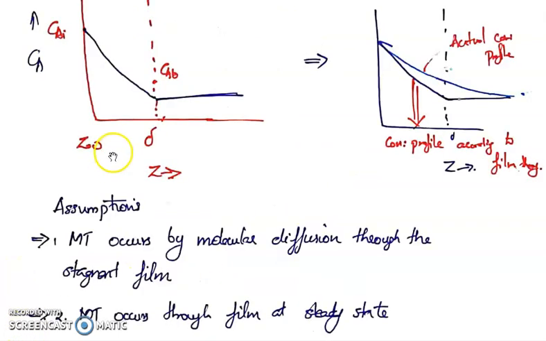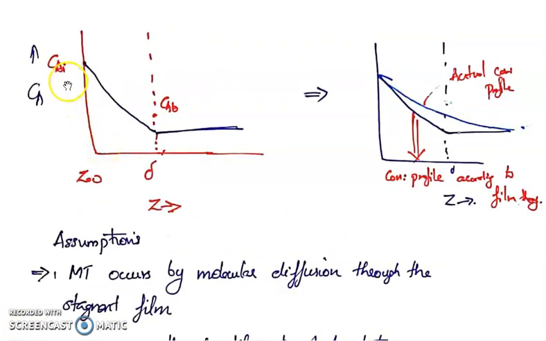Let's look at the boundary conditions. At Z is equal to 0, we have concentration of A, CA, equal to CAI. And the second boundary condition is at Z is equal to delta, CA is equal to CAB, concentration of A at the end of the stagnant region, stagnant film, because we assumed the thickness of the film to be delta.